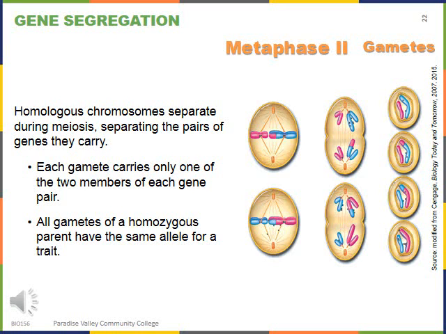So if you look at the first column with the 2 cells, they're in metaphase 2 because they're all lined up. Be able to recognize that. In the center column, if you look at the top half of that first cell, you can see a pink chromosome folded over and a blue one folded over.